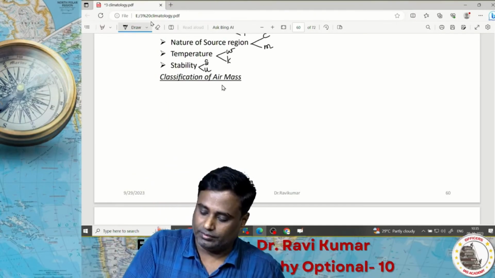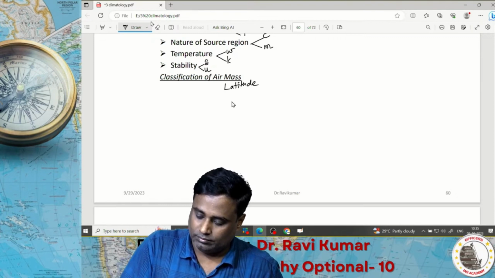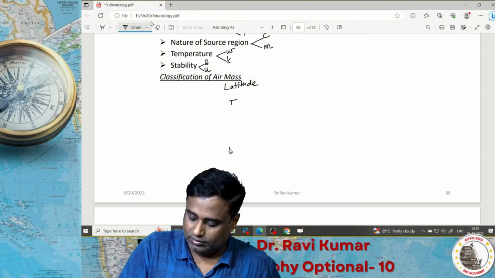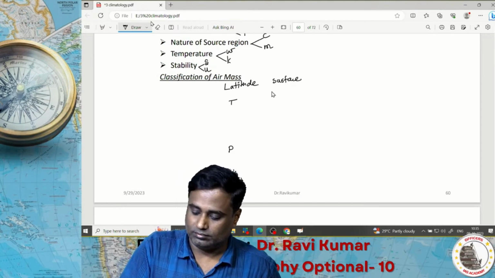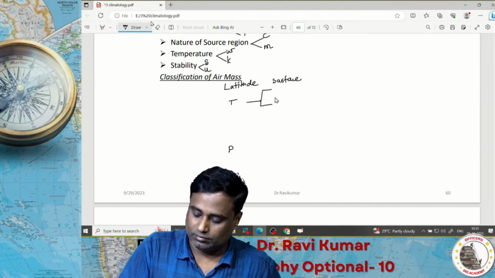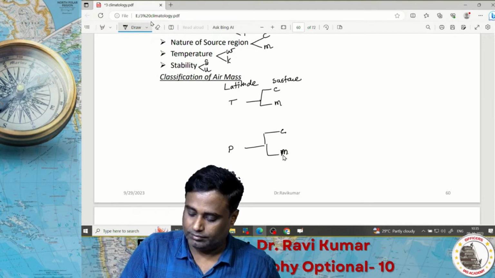We start from here. First we go with the latitude, tropical and polar, and surface cover: tropical continental, tropical marine, polar continental, polar marine.